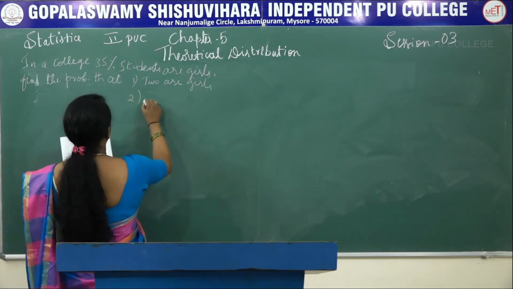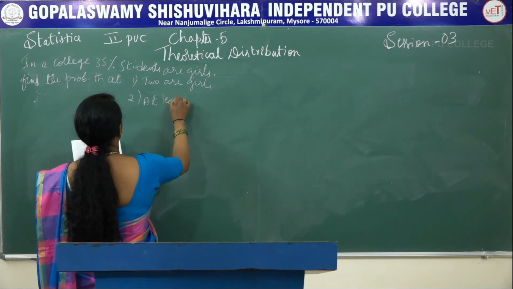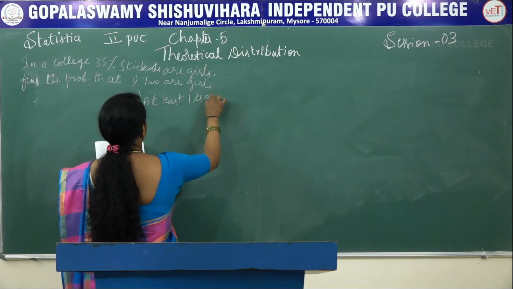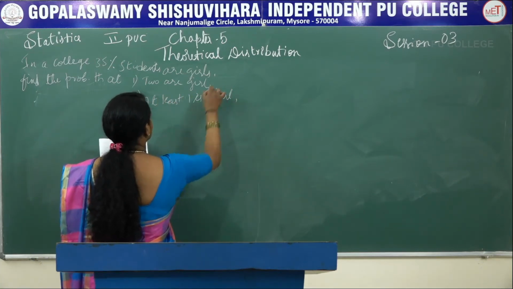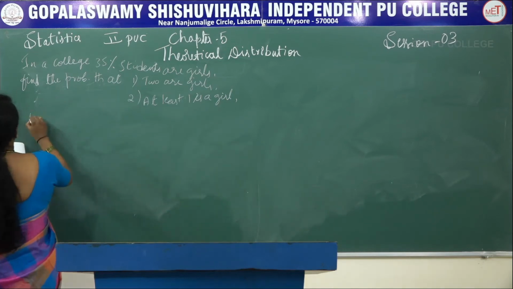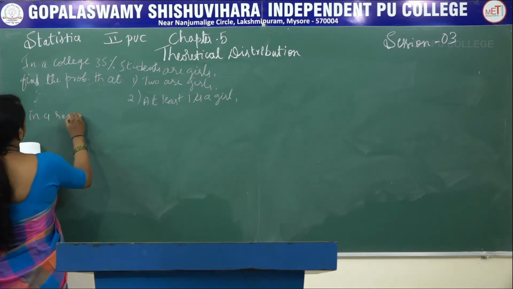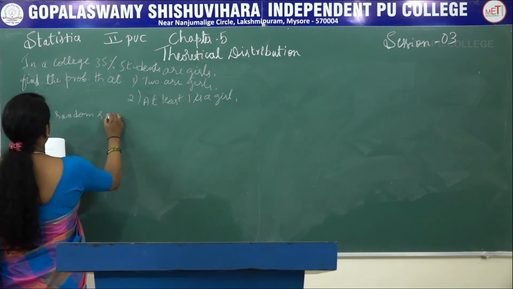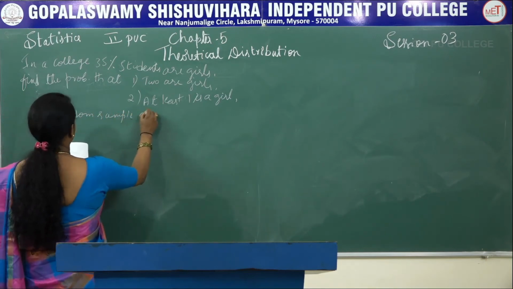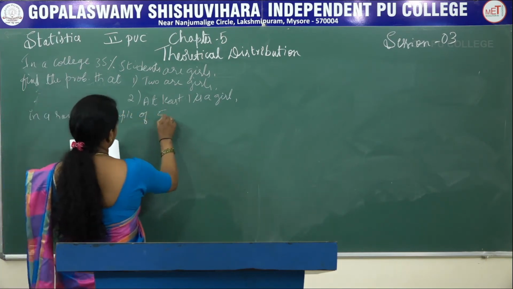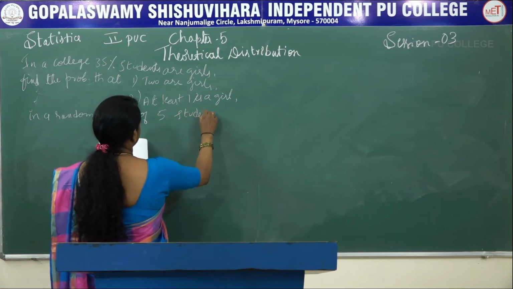Second one is at least one is a girl, in a random sample of 5 students.